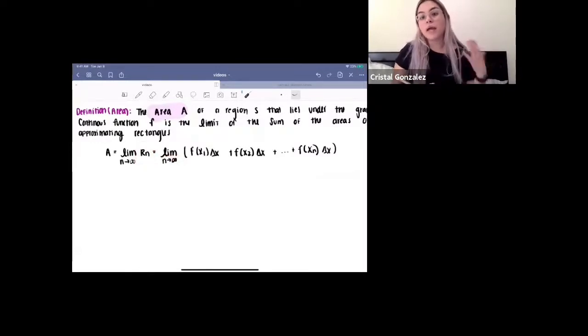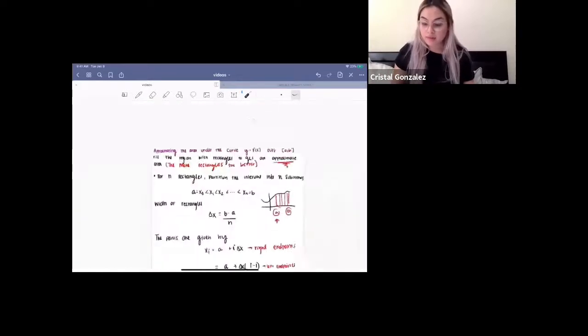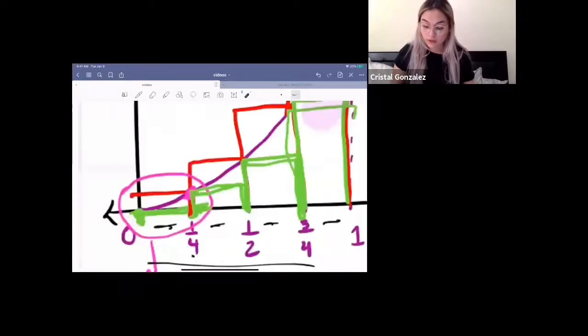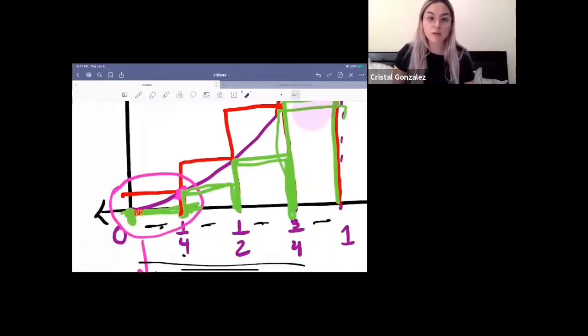If you use the right or the left endpoints of your approximation and take n to infinity, you'll get the actual area of that surface, because it doesn't matter which ones you're doing if they're infinitely small. If they're infinitely small, you'll for sure approximate the area as a whole.